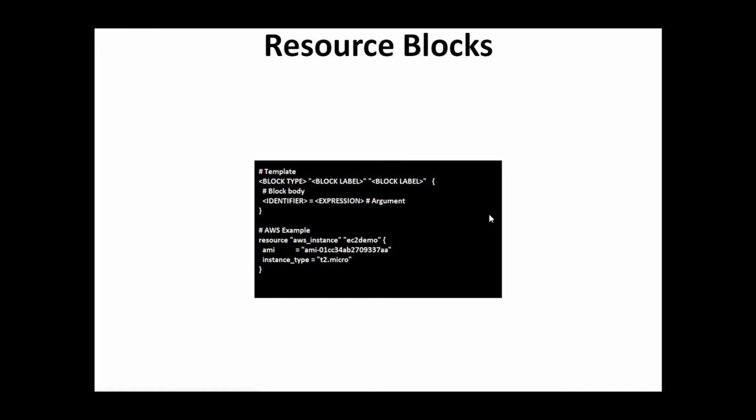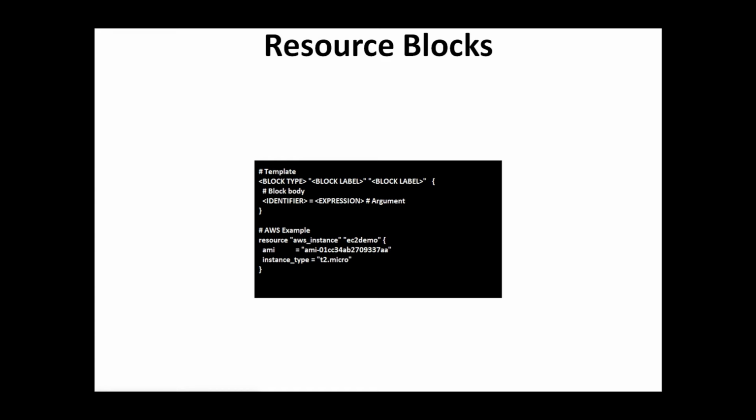In addition to this, you can have blocks inside blocks, something like provisioner blocks or tags. Also, you may have a number of labels for your block. Like resource has two labels, right? As you can see in here, AWS instance and EC2 demo.